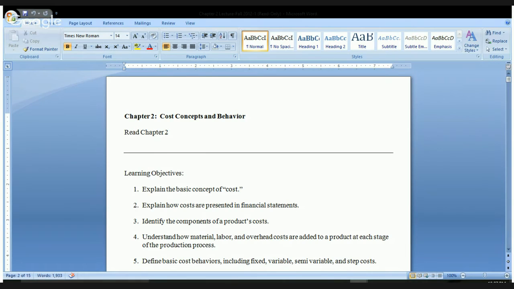Now, let's talk about the questions that they ask. Here it says, what are the total prime costs? If we go back to our list here, the prime costs, remember what those are? Those are the direct labor and the direct materials, and they deal with the product costs.